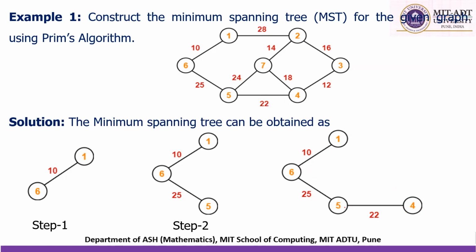So now again look here, 1 is connected by weight 28 to 2. 5 is connected to 7 by 24. And then 4 is connected to 3 by weight 12. So 28, 24 and 12. So this is minimum. So we go over here and select 3.